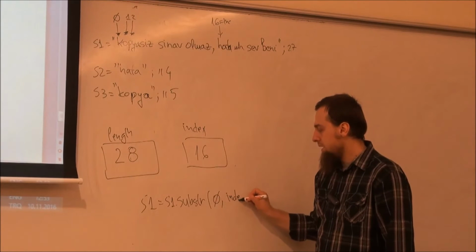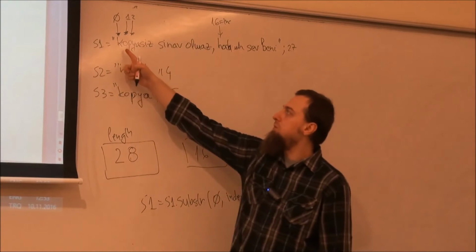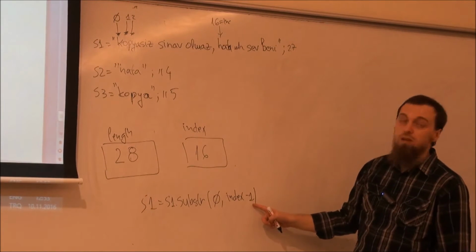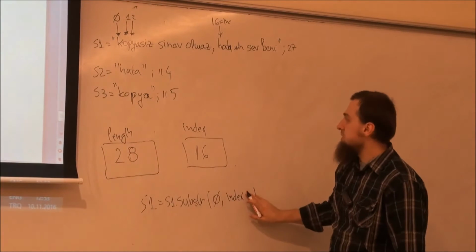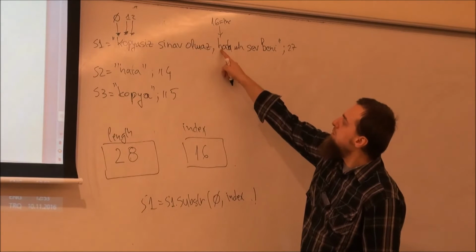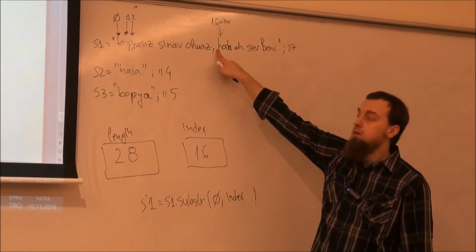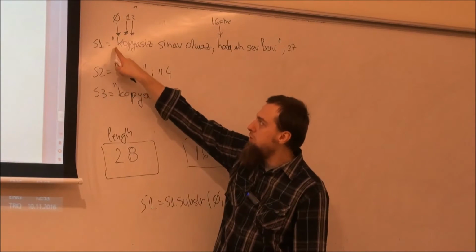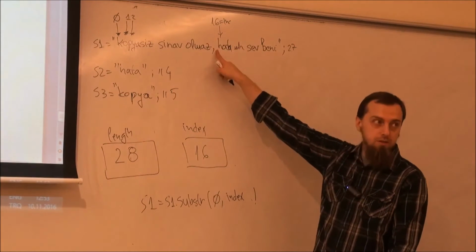Let's say I'm taking index minus 1, meaning I start from 0, and I take 16 characters, exactly. It will be from 0 to here, 15. So S1 is equal to substring from 0 till here, plus.